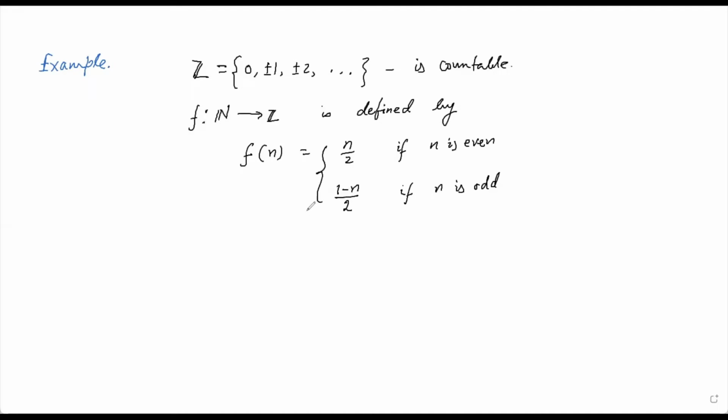Then one can verify that this function is bijective. And therefore, we say that the set of all natural numbers is equivalent to Z, that is, Z is countable.